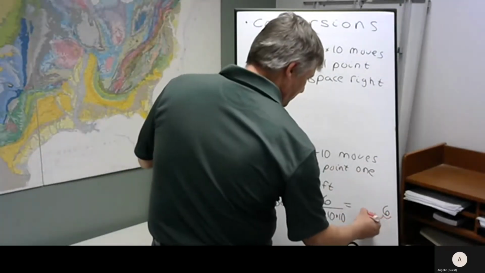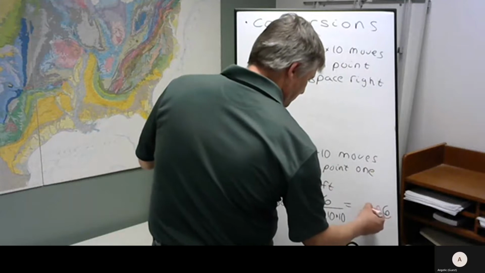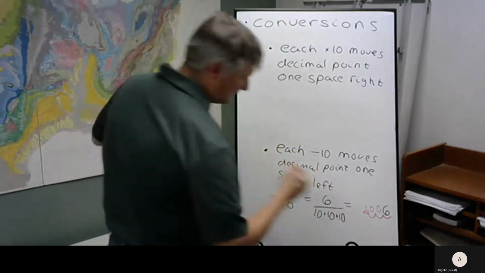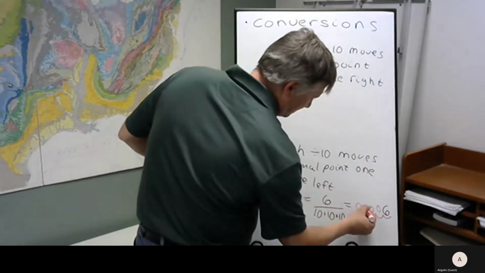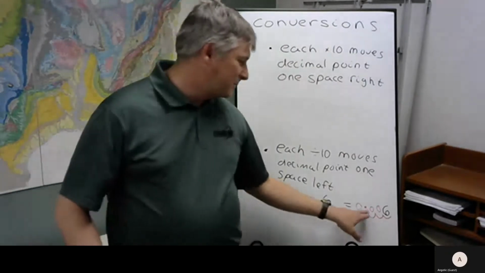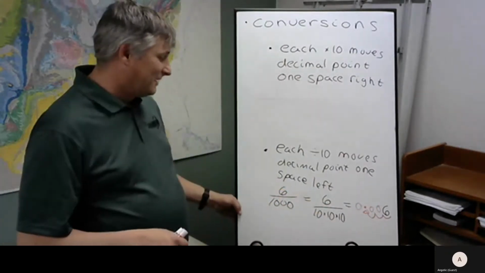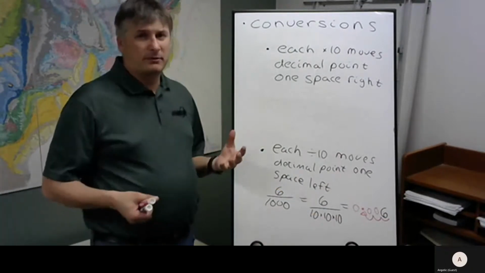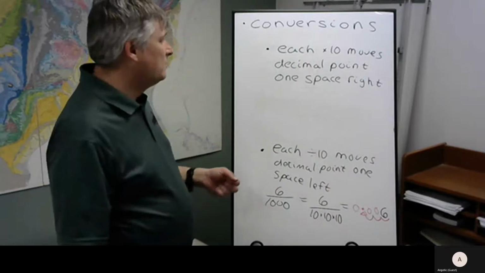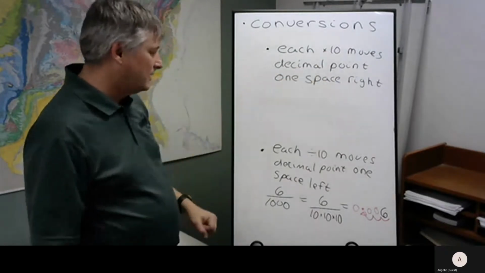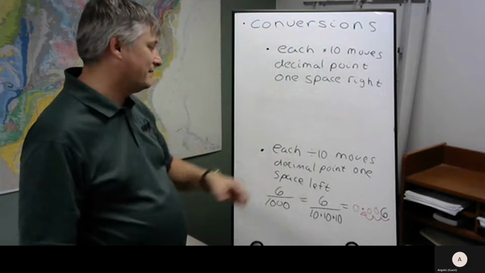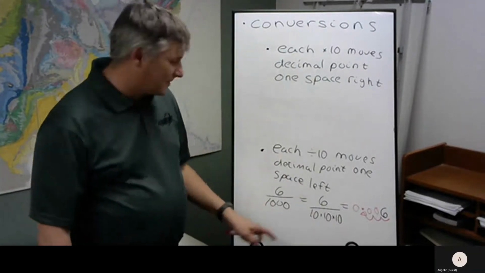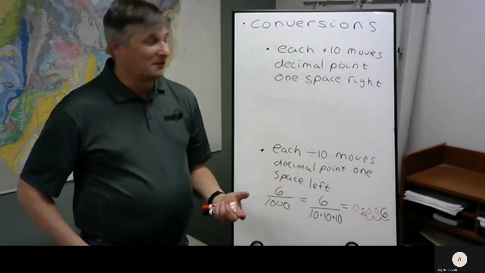One, 2, 3. You'll get 0.006. So it's really a way of just moving your decimal point when you're working in the decimal system. If you need to move it to the right, multiply by 10. If you need to move it to the left, you're going to divide by 10. And 1,000, you have 3 10s, so you'll be dividing by those 3 10s. So that moves that decimal 3 spaces to the left.